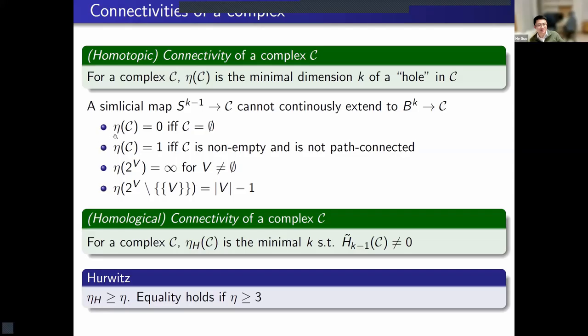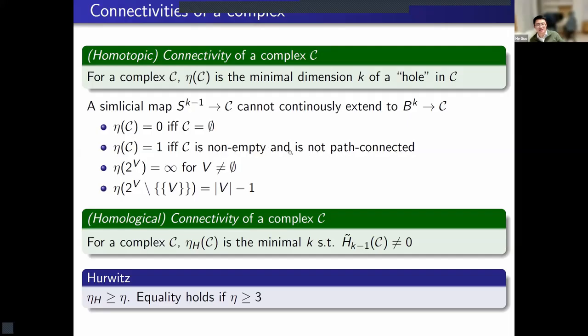So here are some examples. If your complex C is empty, if and only if the connectivity is 0. And the connectivity is equal to 1 if and only if your complex C is non-empty and is not path connected.